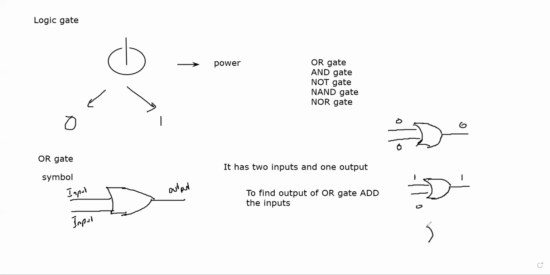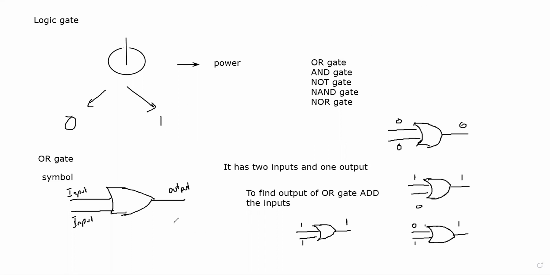And same thing, if we have 0 and 1, the output will be 1, and if we have 1 and 1, so 1 plus 1 is 2, but we will not write 2, we'll write 1, because the logics which are possible, either it will be on or it will be off. So this is the OR gate.